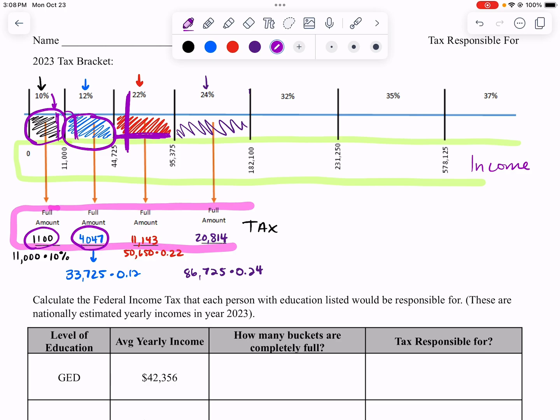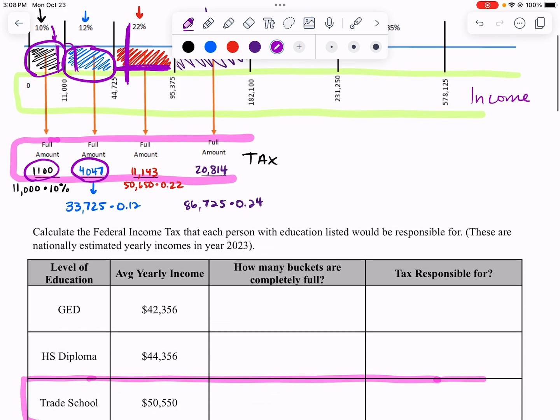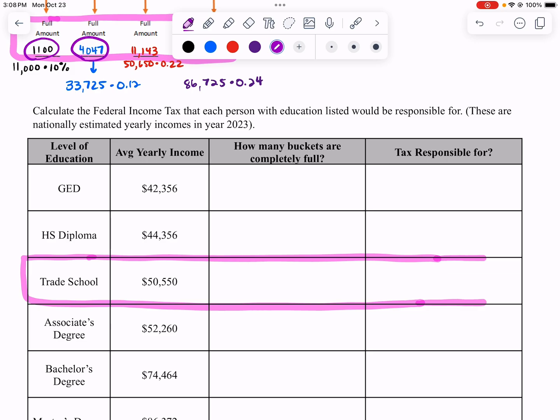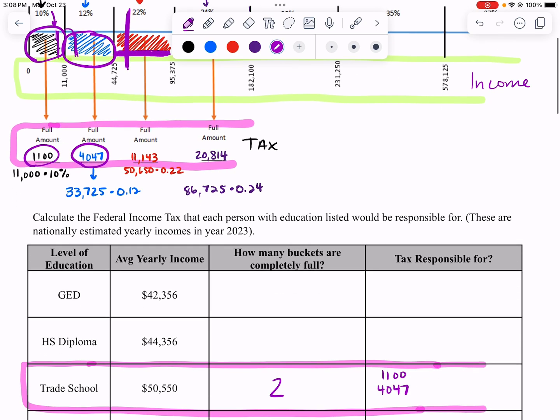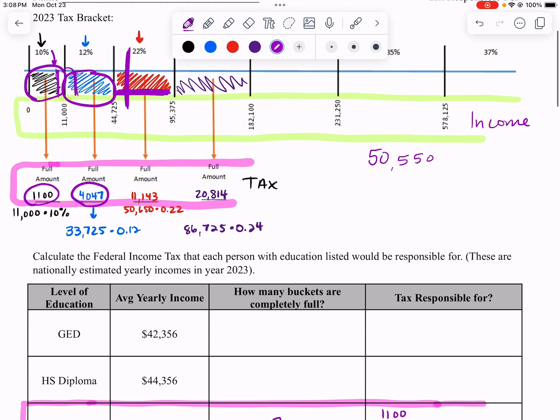But because this bucket is not full, we have to come up with the partial. So there are two buckets full, which means I'm going to pay $1,100 and $4,047, but the third bucket I have to calculate. I need to figure out how much income is actually in the bucket. So you take the dollar amount that you made, $50,550, and subtract all of the money that I've already accounted for, which is $44,725.